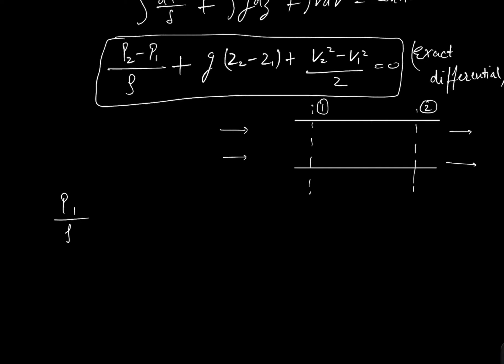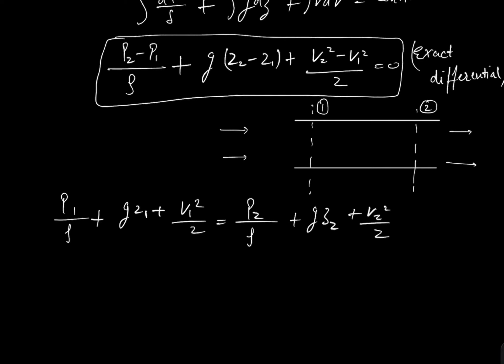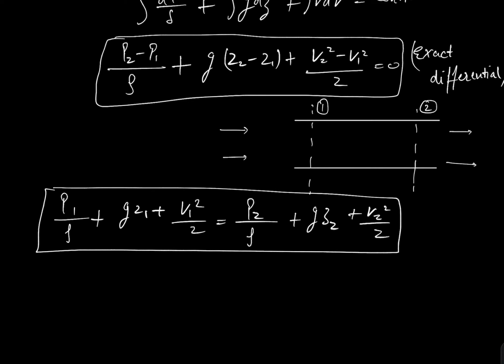I can rewrite this equation as p1 upon rho plus g z1 plus v1 square by 2 is equal to p2 by rho plus g z2 plus v2 square by 2. I have just rewritten it.